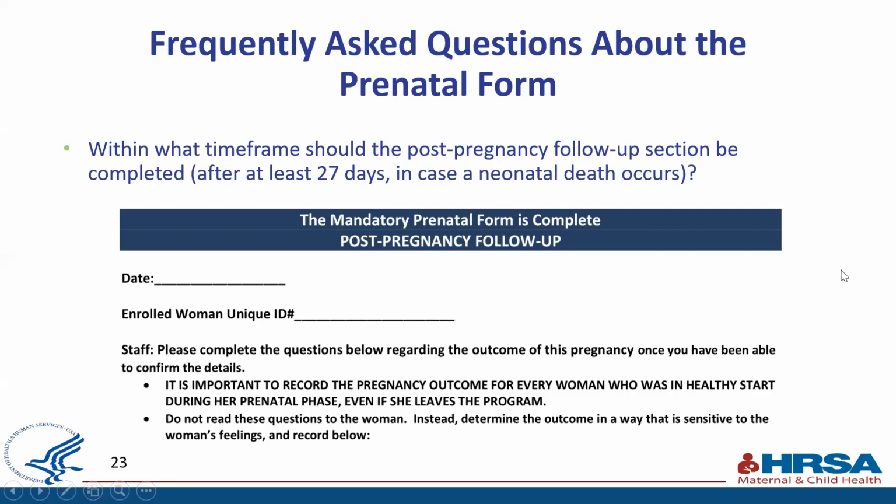But in a very complicated situation, such as is described here, with an infant in the NICU and a tragic outcome and everything, we would say maybe a month seems very reasonable.